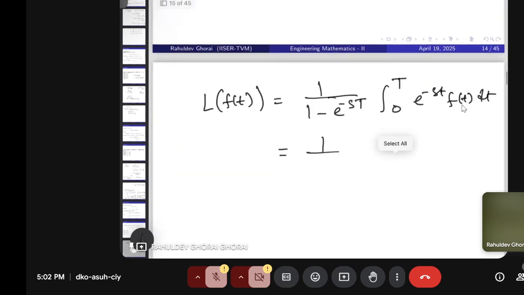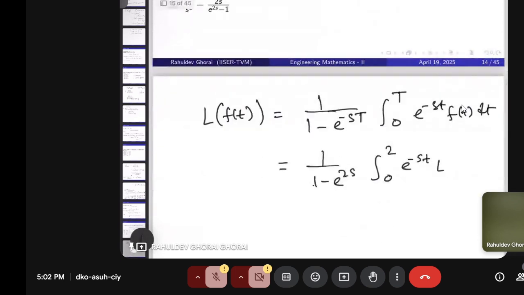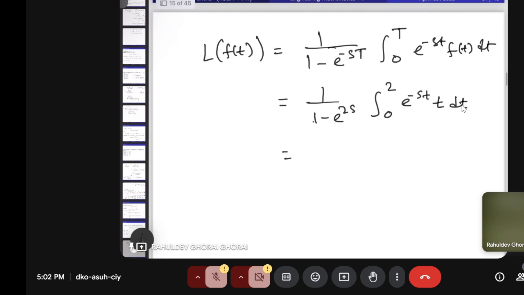So it will be 1 over 1 minus e to the power minus 2s, times the integral from 0 to 2 of e to the power minus st, which remains as it is, times f(t). What is f(t)? f(t) is t only in 0 to 2, dt, right?